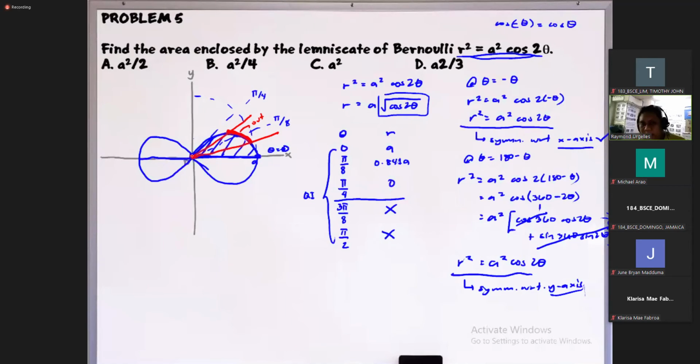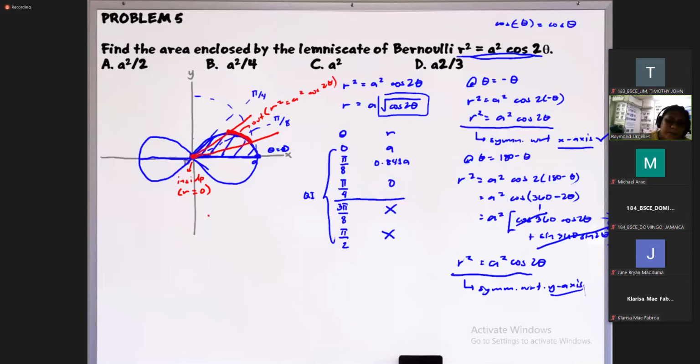And yung inside boundary natin is itong nasa origin. So yung origin natin is at radius is equal to 0, so r is equal to 0 yan. So yung outside naman natin is yung lemniscate, so yun yung r squared is equal to a squared cosine of 2 theta.